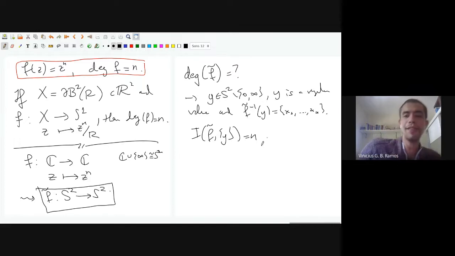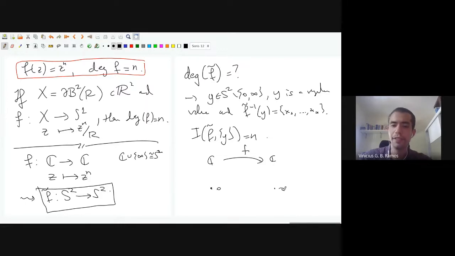Here, I guess you can see what Marcelo was asking. Think about this map from C to C that is just z to the n. Here's my origin, and I take z to the n. When I pick a regular value away from 0, it's going to have exactly n preimages, and if I wobble it around a little, it still has exactly n preimages.